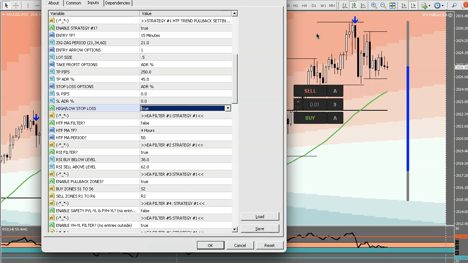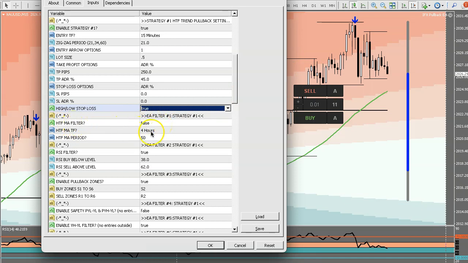It's not based on a specific stop loss price, because it's when a candle closes above or below it. So you're not going to see the stop loss set in there, and if a candle never closes above it, it's just never going to trigger the stop loss. Now we have a higher time frame moving average filter if you would like to have it.